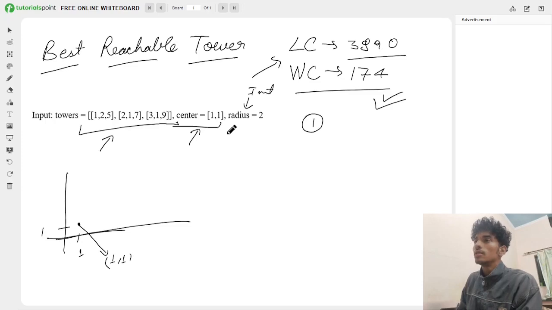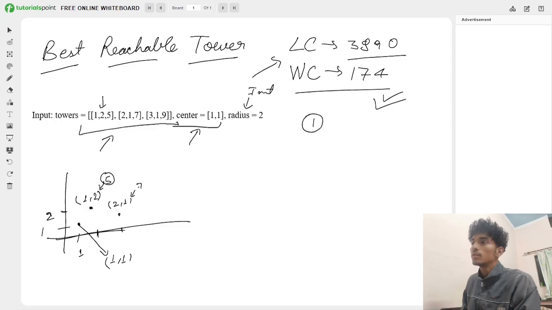Now let's look at this particular index 1 comma 2, and it has a quality of 5. Then we have another point, 2 comma 1, which is over here, and it has a quality of 7.